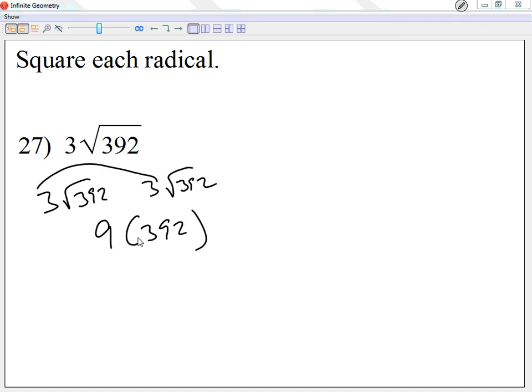So just to get this easily, square the number on the outside, right? 3 squared, multiply by the number on the inside. So when you square these, that's all you do. You square on the outside, and then you multiply by the number on the inside. Now, 392 times 9, let's see, 9 times 2 is 18.